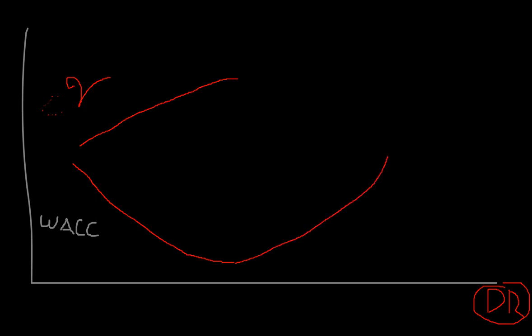So you will expect that your weighted average cost of capital will increase. Now at this point where the weighted average cost of capital will increase, let's just say this is the debt ratio, and we don't know what that debt ratio is. At this point, the value of the firm is at its highest. And beyond that, we expect that the value of the firm will also go down.